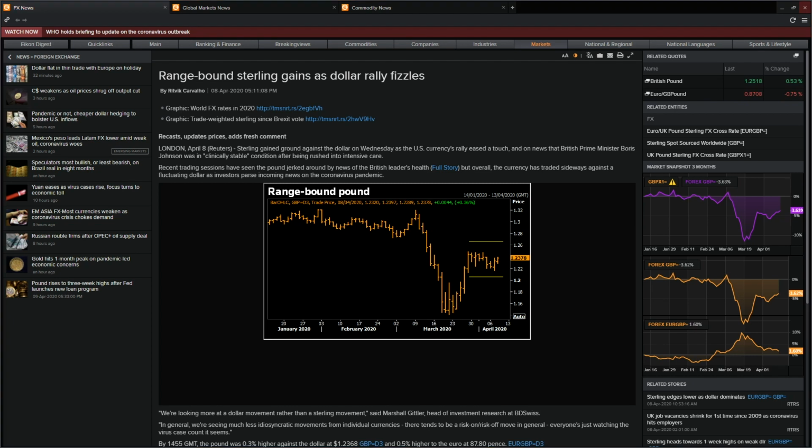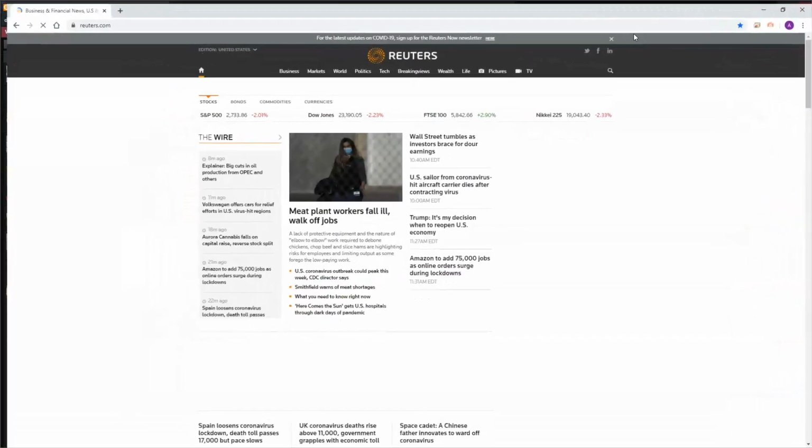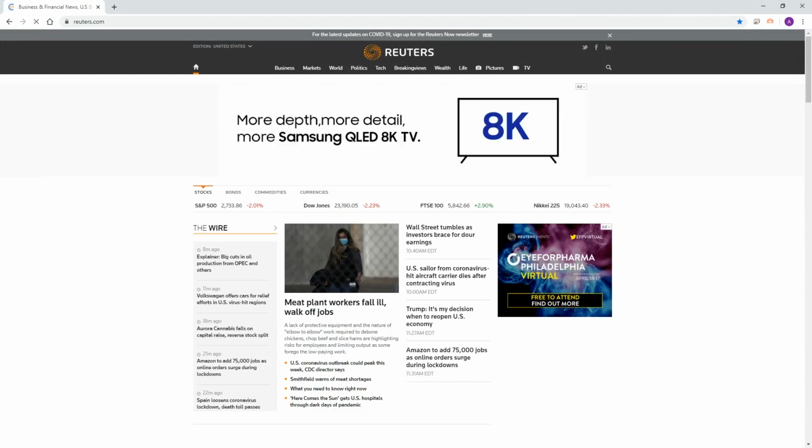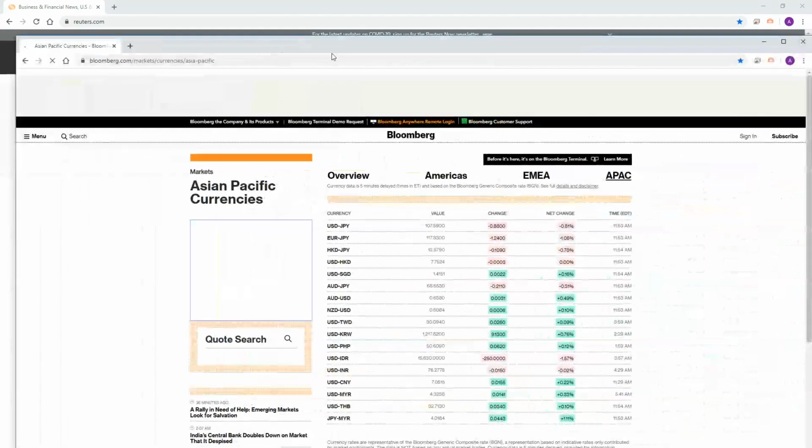There are also other free sites that you can obviously use. You can go to Reuters. From Reuters, lots of valuable information there, lots of articles that you can read up on exactly what is driving the markets. Another one that isn't really free anymore, but also very valuable, also one I use on a daily basis, is Bloomberg. Bloomberg has great articles in terms of the current drivers.